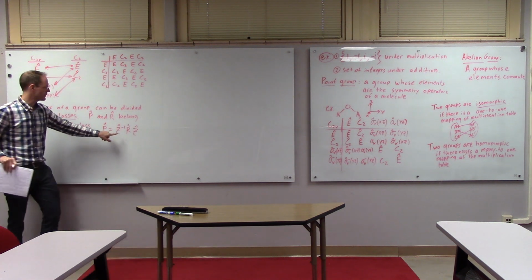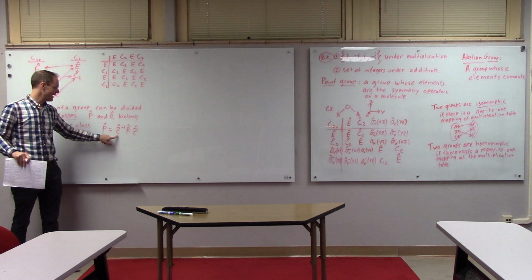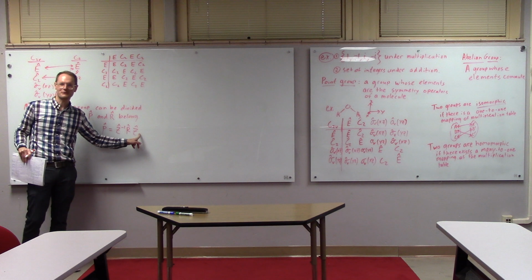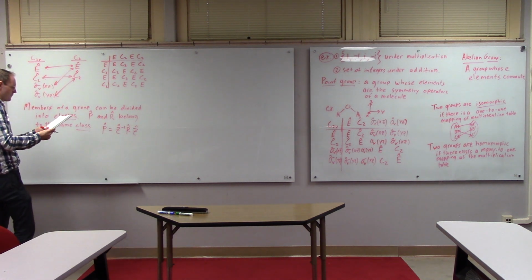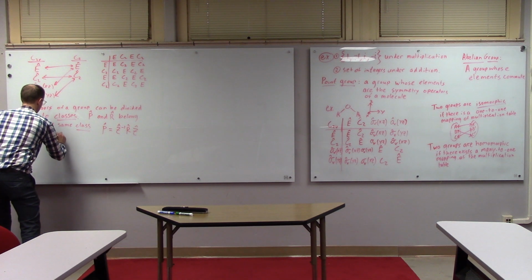This transformation where you multiply an operator on the left by Z inverse and on the right by Z, this is a special type of transformation called a similarity transformation, for some Z in the group.